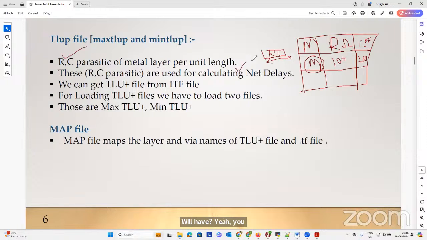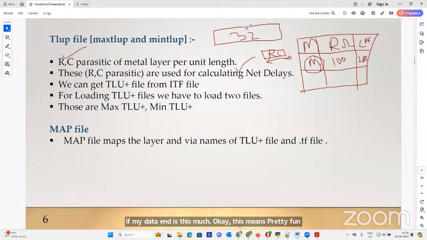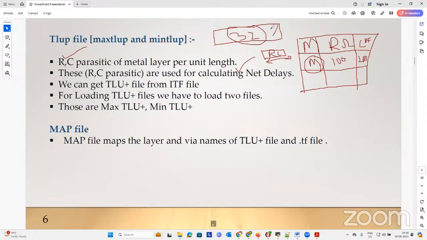This is how we calculate net delays. If my net length is, say, 3.2 units, then 3.2 units into 100 into 200 per unit, that value will be calculated as the RC value for the net delay.